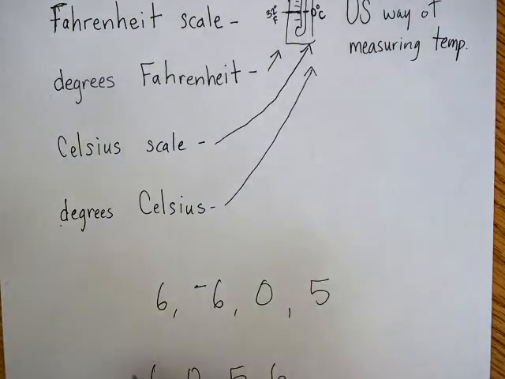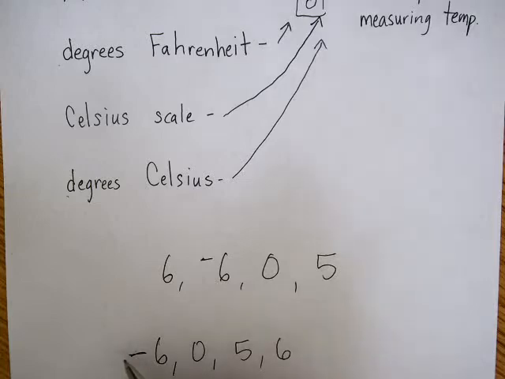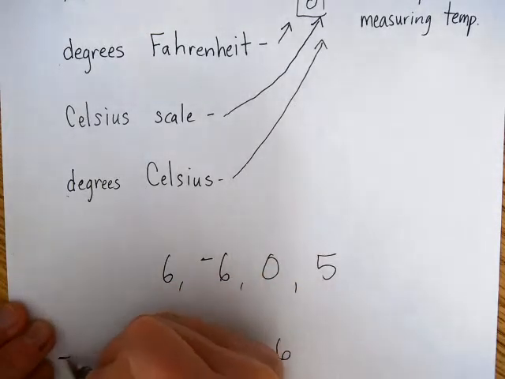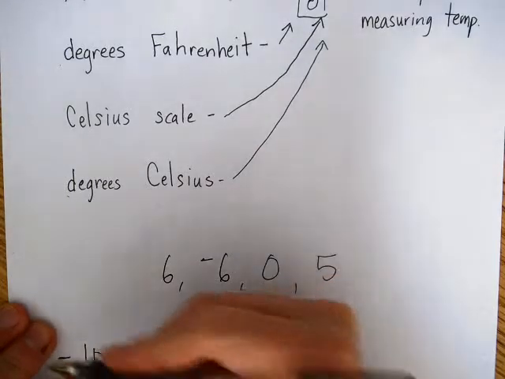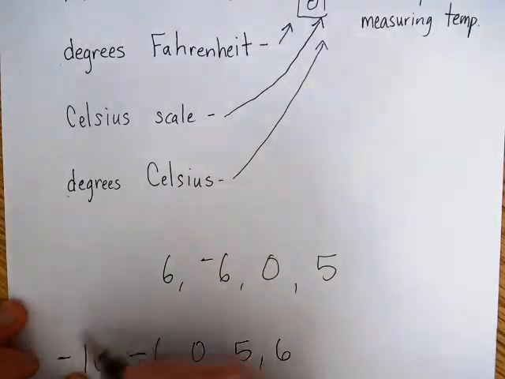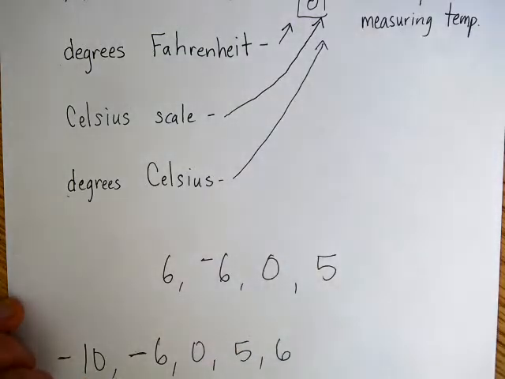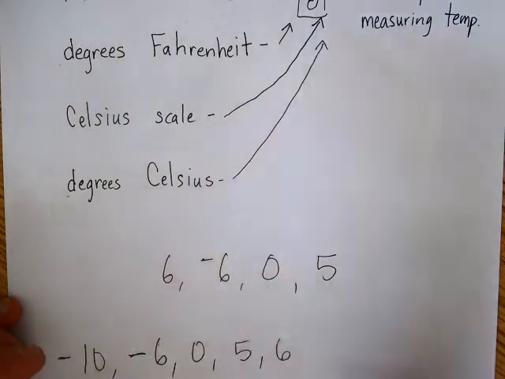So we want them to know that the negative numbers are all the way to the left, and that the larger negative numbers, let's say we had a negative 10, are going to be even further to the left, even though this number is actually smaller than this number, but it's a bigger looking number.